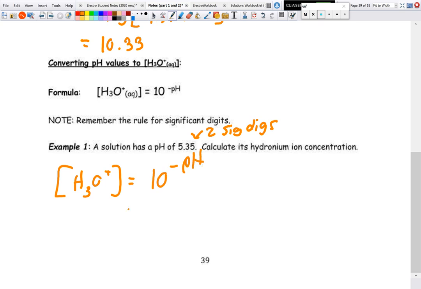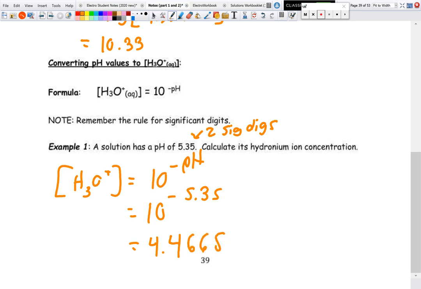So we plug in our formula, we go 10 to the negative 5.35, and we should get an answer of 4.6.